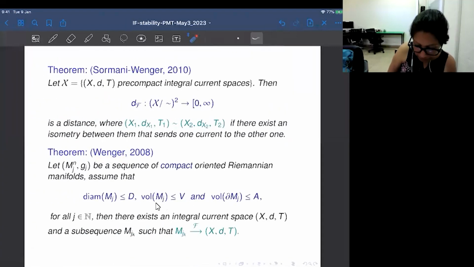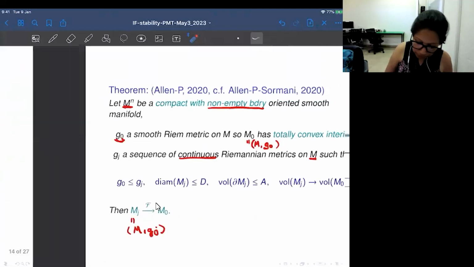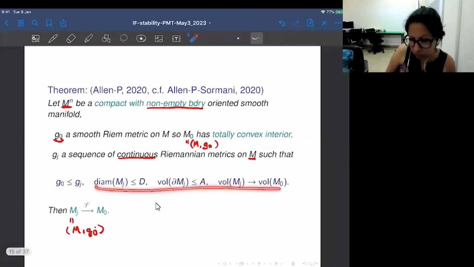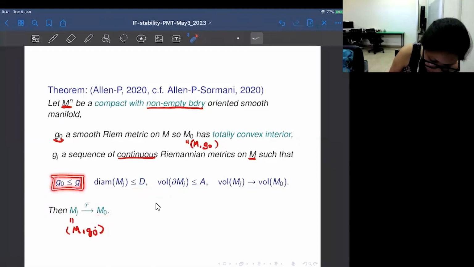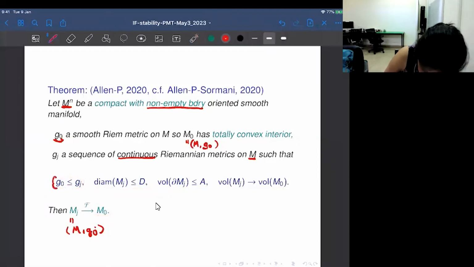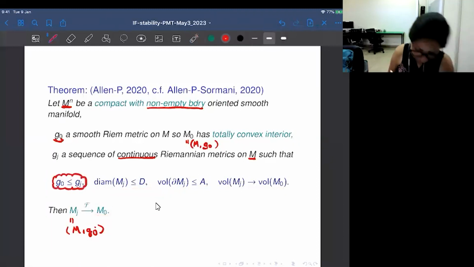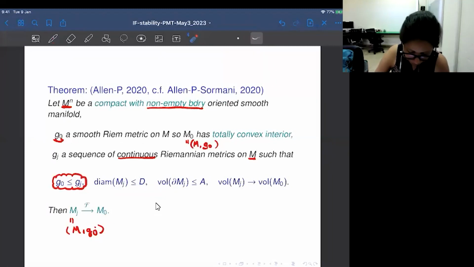So actually these three conditions are not that bad, but in order to ensure that the limit is M0, we really require this condition. This condition is very important. It can be weakened a little bit, but it is super important in order to ensure that we have this limit.